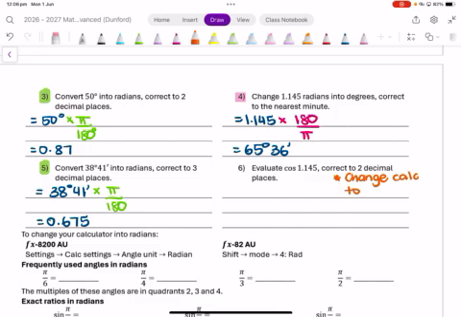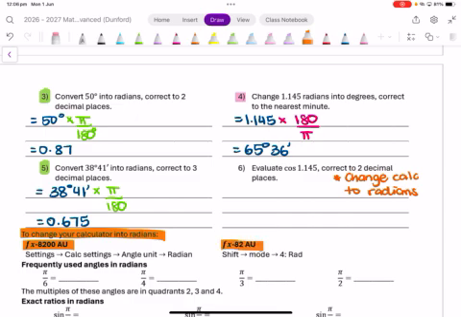Depending what type of calculator we have, our instructions are here. If you have the new calculator, the FX8200 AU, you need to go settings, calc settings, angle unit, radians.